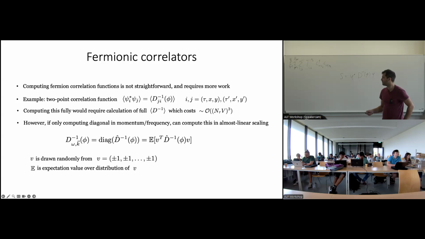If you have some two-point correlation function like this, where i and j are some arbitrary space-time indices, then this is given by the inverse of D at space-time points j and i, and the expectation value of this with respect to phi. And in the BSS, you just have this object. Here, D is then the compressed version, but you still have this object.